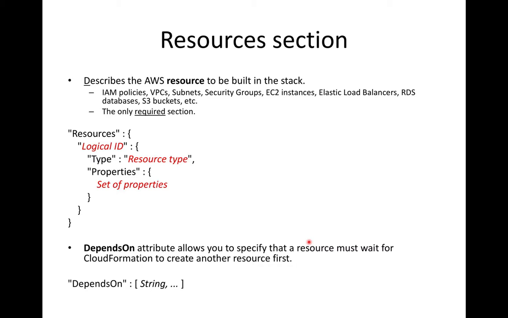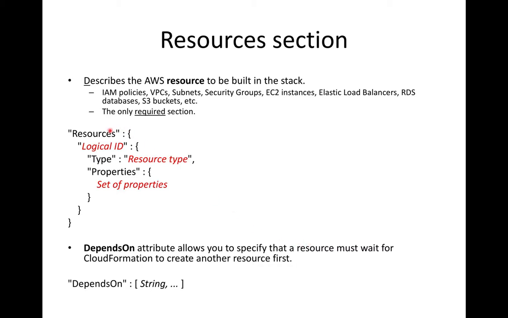I mean, everything is defined in that resources section. And this is the only required section of the template. Like all these other template sections I've been talking about so far, these are optional sections. This is really the only required section that must be in that template.